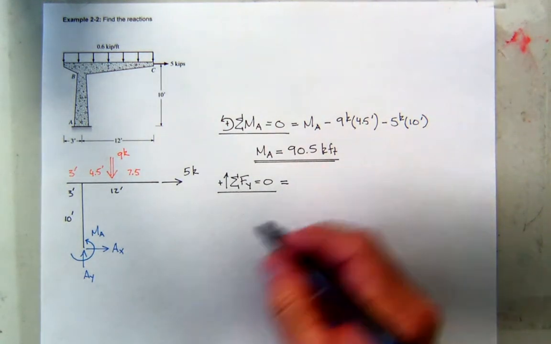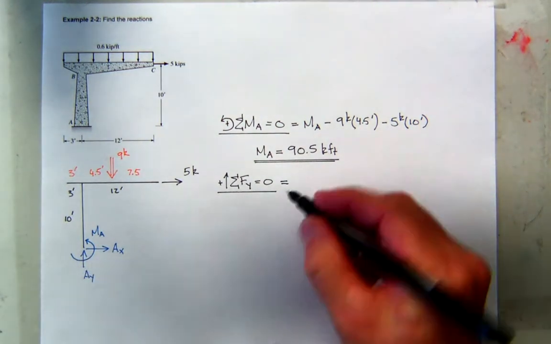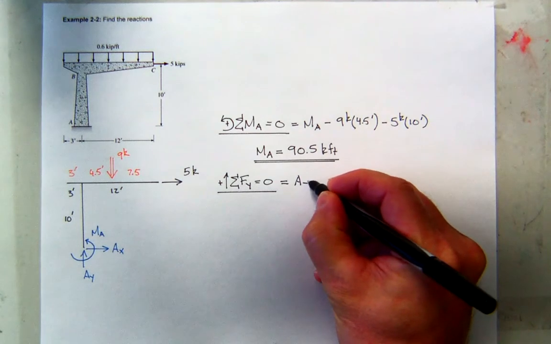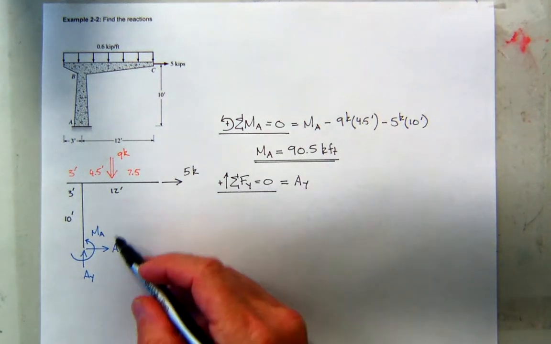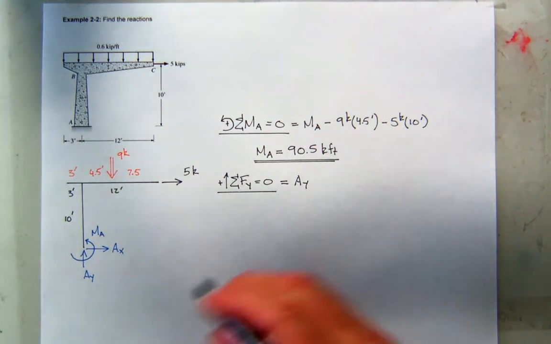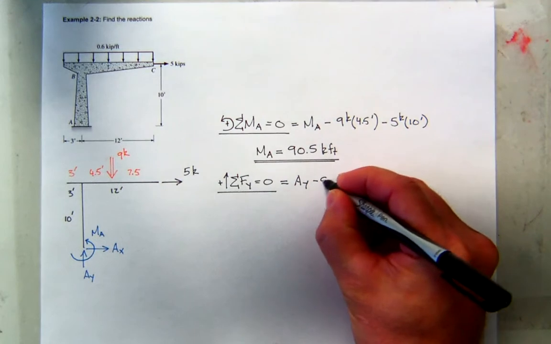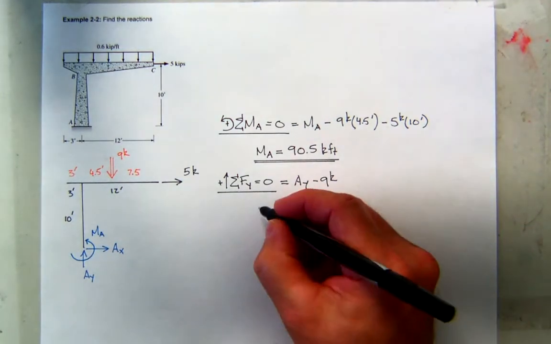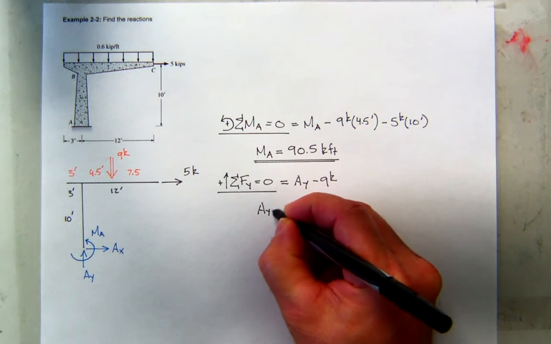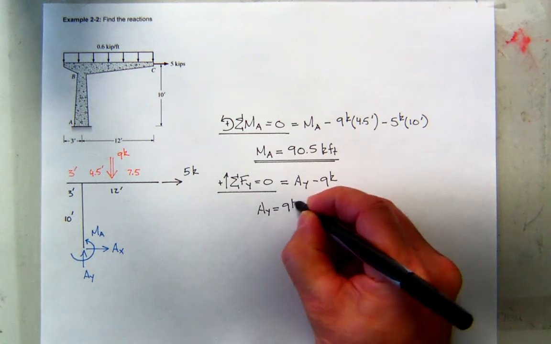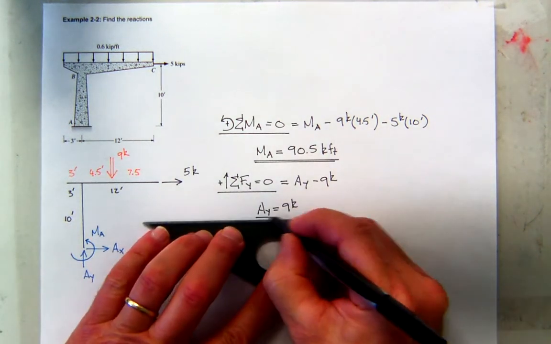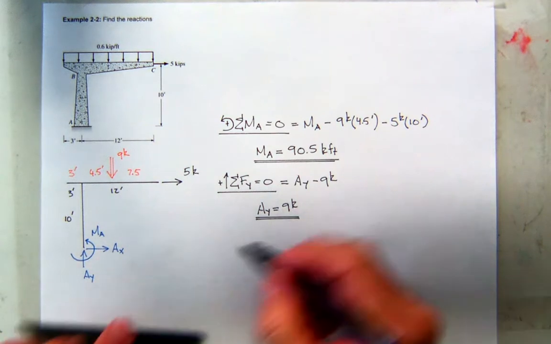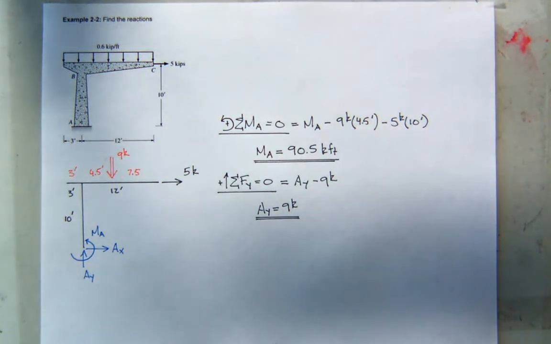So looking at that, I've got AY up, so that's positive. What else is in the y direction? My force 9, it's acting down, so that's just 9 kips. Is that it? Oh, that's pretty easy. I can solve that. AY is equal to 9. And again, it came out positive, so up is the correct choice there.